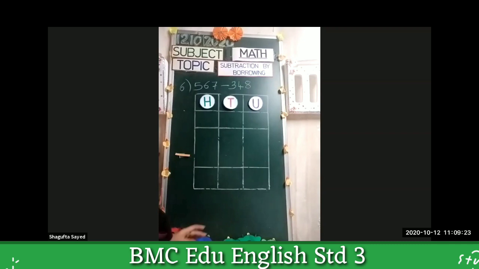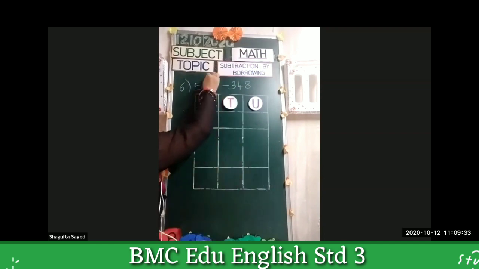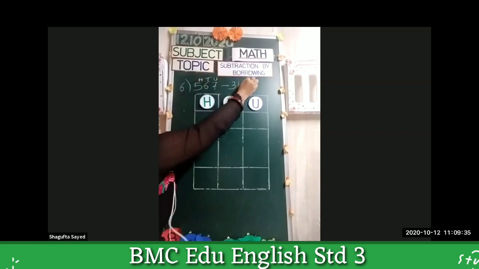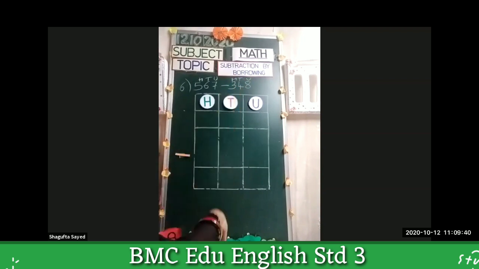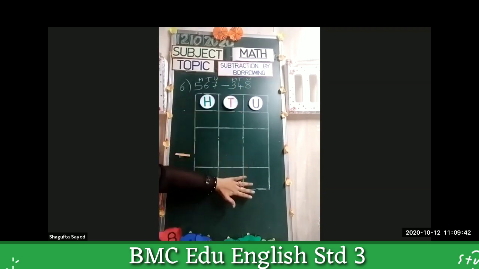Now what can we do? First you tell me what we are going to do. I am not going to tell now. Unit, tens and 100. Yes. Now easily we can arrange in vertical order. Let's arrange this.